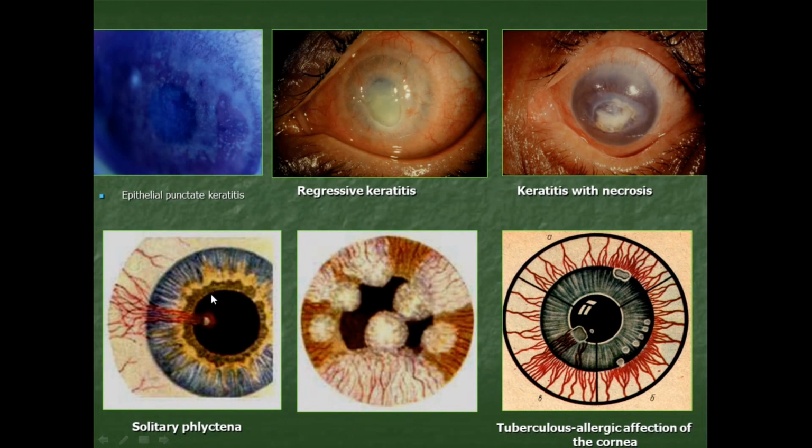Here you can see an example of tuberculosis keratitis. For tuberculosis keratitis, a very typical clinical picture: you can see phlyctenae and neovascularization in this area.